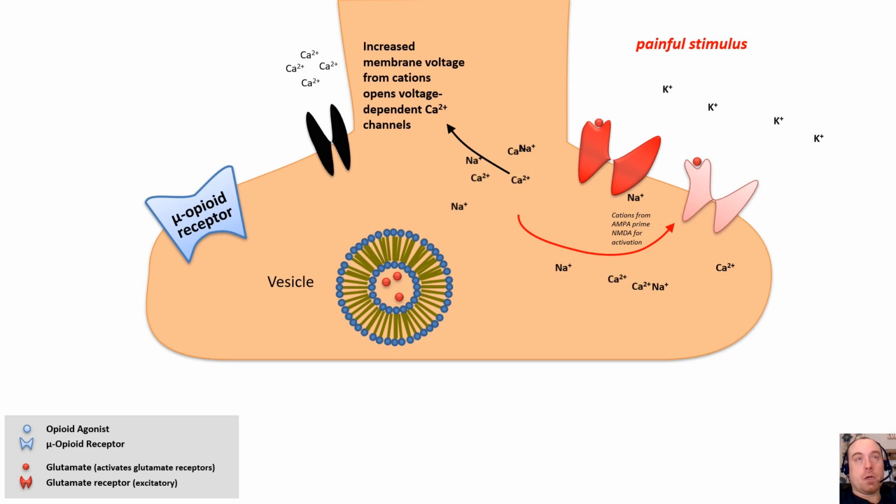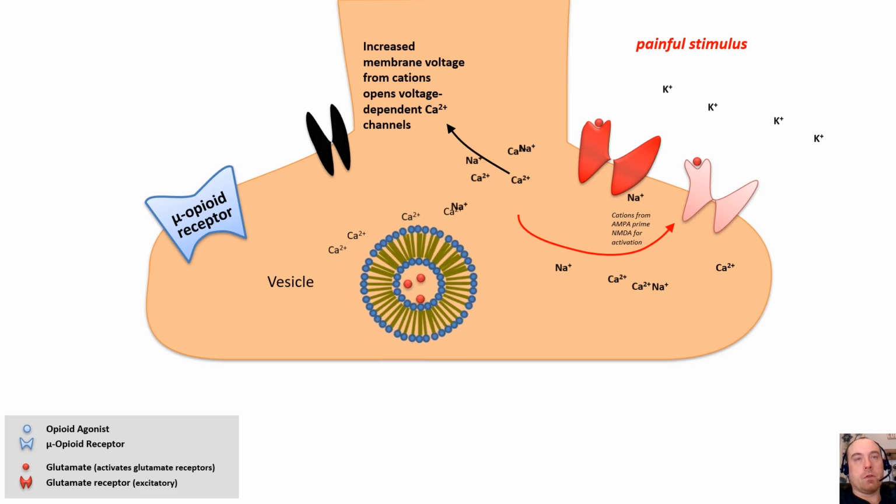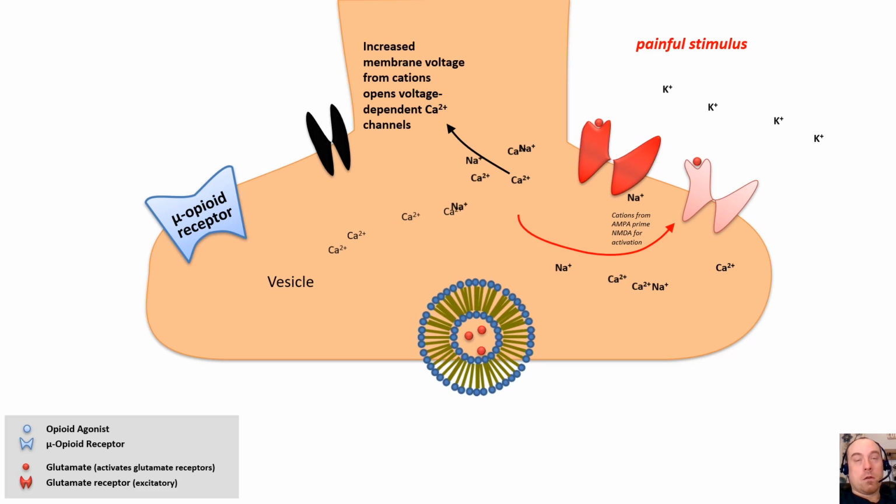If that calcium does come in, and there's enough in here, that triggers, through an involved mechanism with other proteins that we're not going to get into, vesicle fusion with the membrane and release of glutamate. And when that glutamate is released, it activates basically the next neuron, which also has glutamate receptors, and that signal will travel to the brain and then you'll feel the pain.